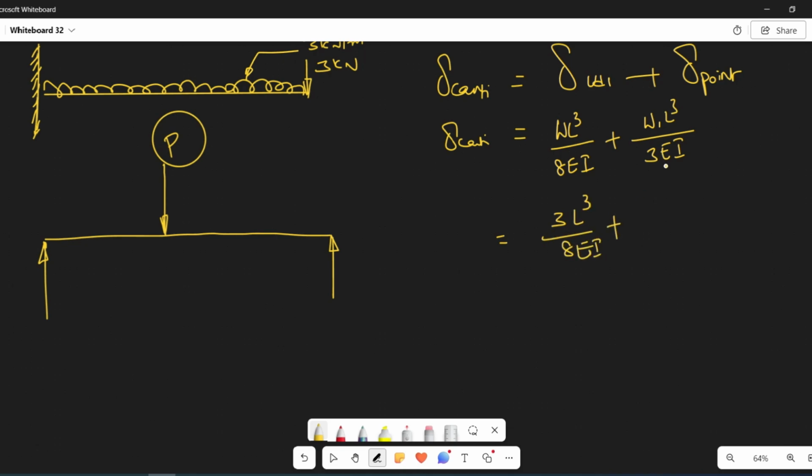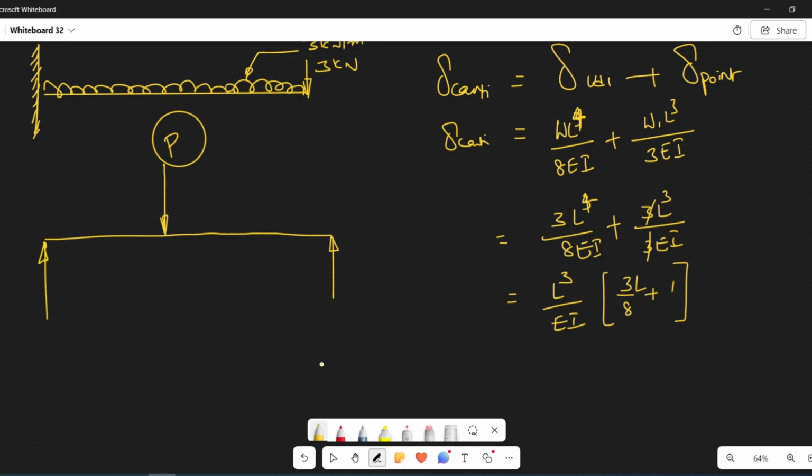Plus W1, which is the load, L cube by 3EI.